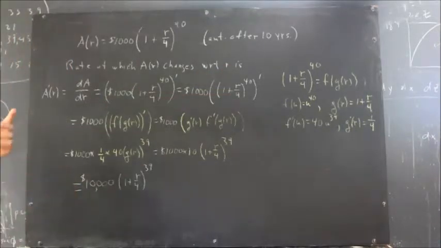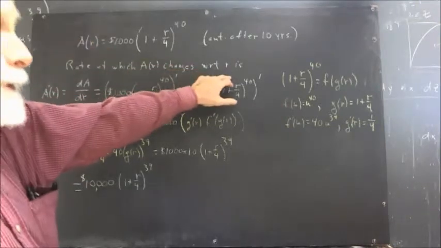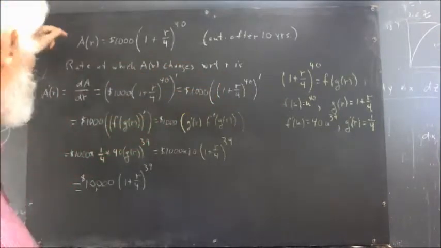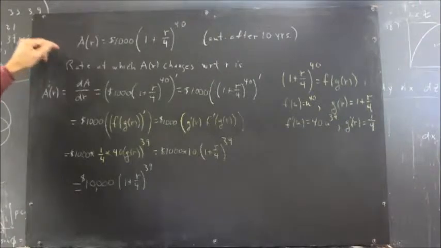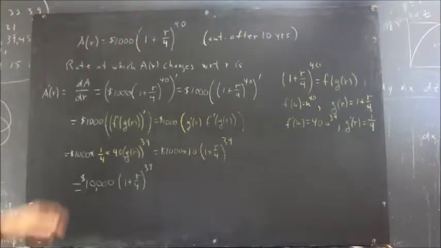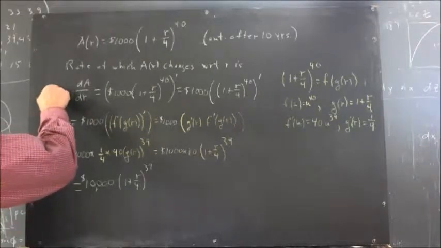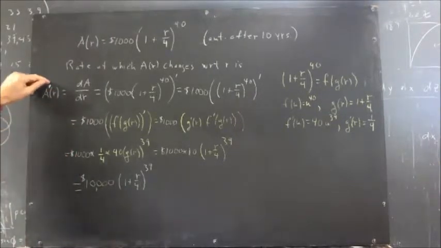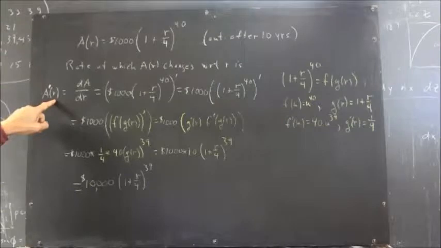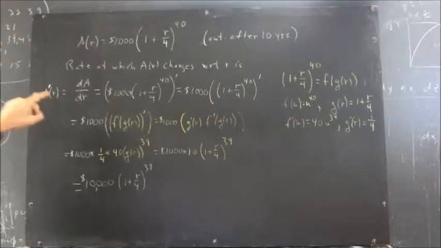Well, that rate is just the rate of change of A with respect to R. That's the change in A divided by the change in R taken to the limit, and that's your derivative dA/dR, which we also can write as A prime of R, where we understand that the prime means the derivative with respect to the only variable present.